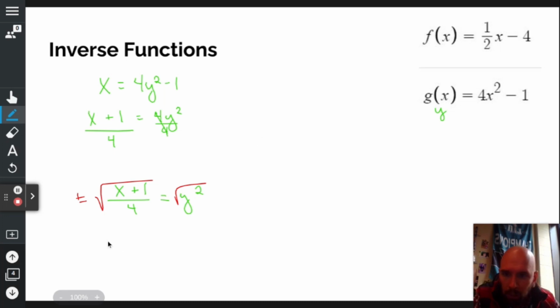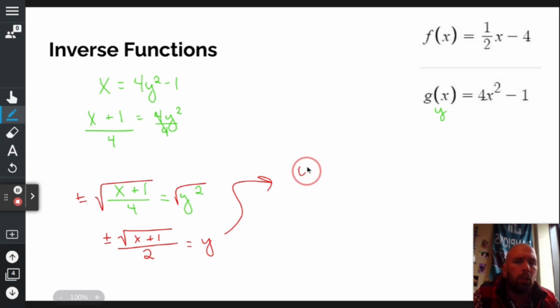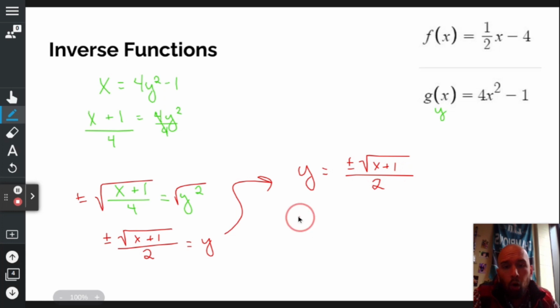So that gets me positive or negative square root of x plus 1 over the square root of 4, which is 2, equals regular y now. The second to last step, let's flip this and make it look prettier. Y equals positive or negative square root of x plus 1, over 2. And the last thing you're going to do is call it the inverse, which looks like that.